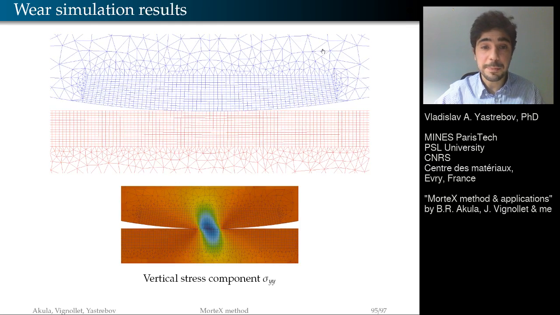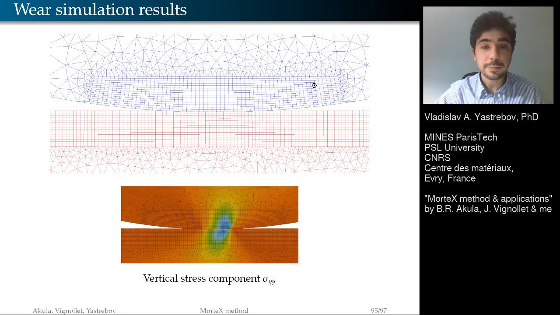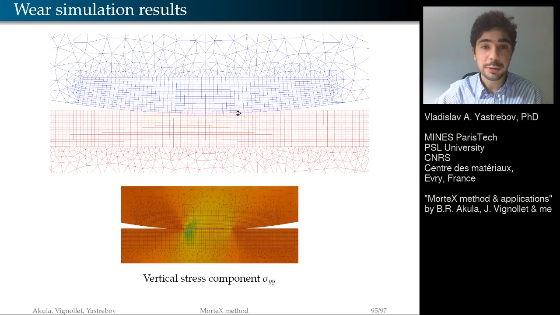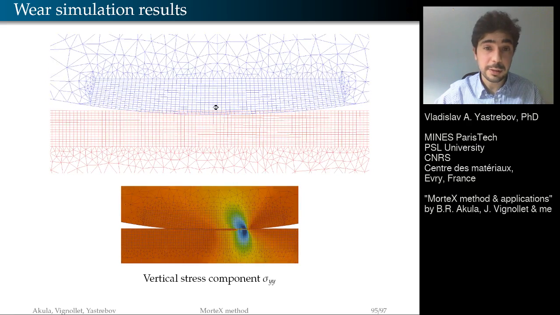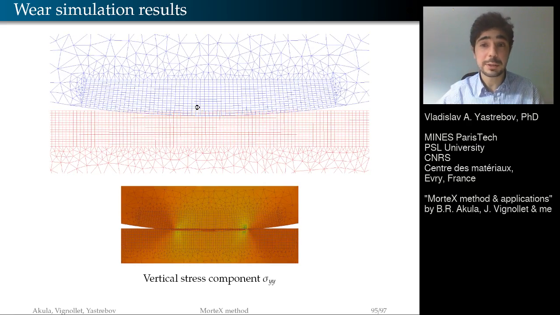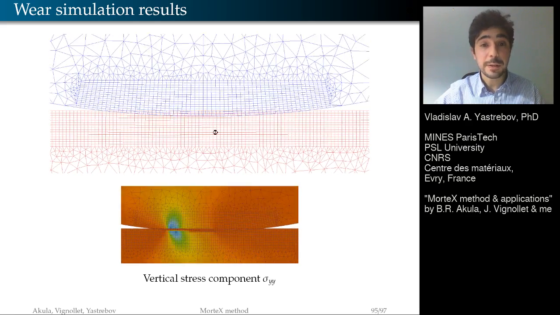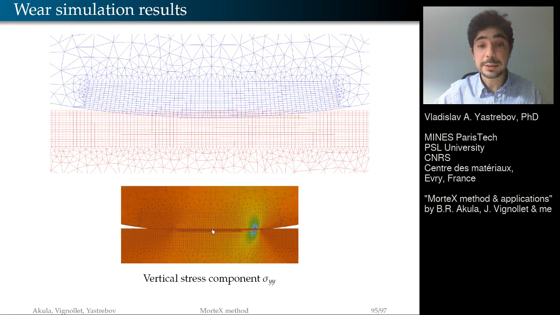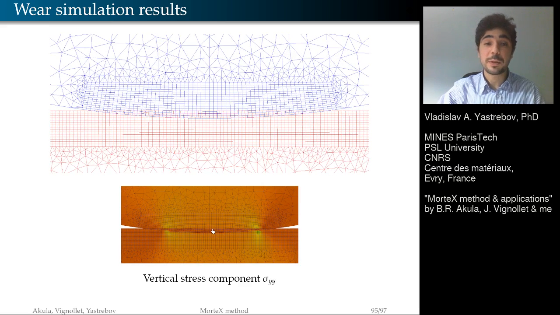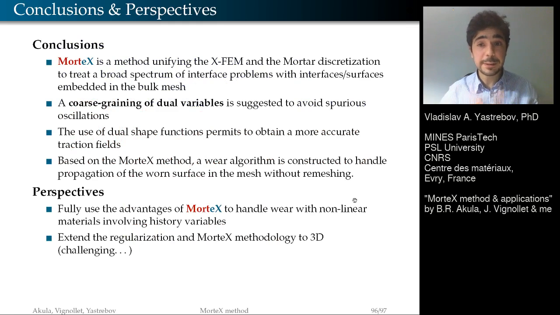If you look at the stress distribution in the accelerated version, you can see that similarly the meshes seem to penetrate, but it's not penetration, it's just a propagation of the new worn surface. And here you can see the stress fields, the vertical component, which is quite smooth, which is important for the wear applications. That's it for the presentation.